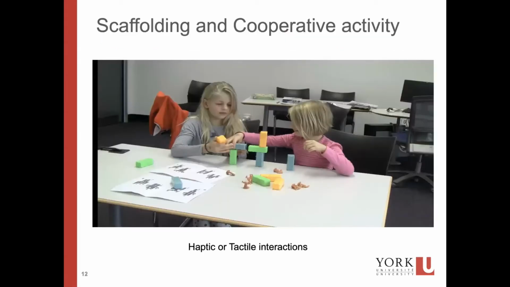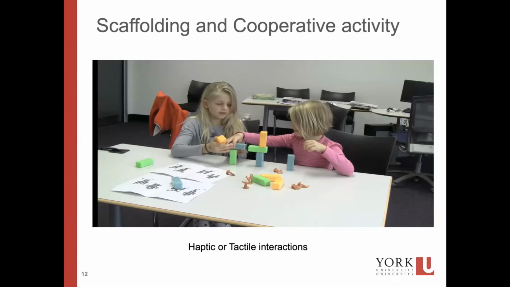And the last one is something called scaffolding and cooperative activity, which is also a characteristic of every human interaction. So you can see over here, there are two children who are trying to lay out colored blocks in a certain pattern. And to do so, they are using the blocks itself as a scaffold so that they keep the balance in place.